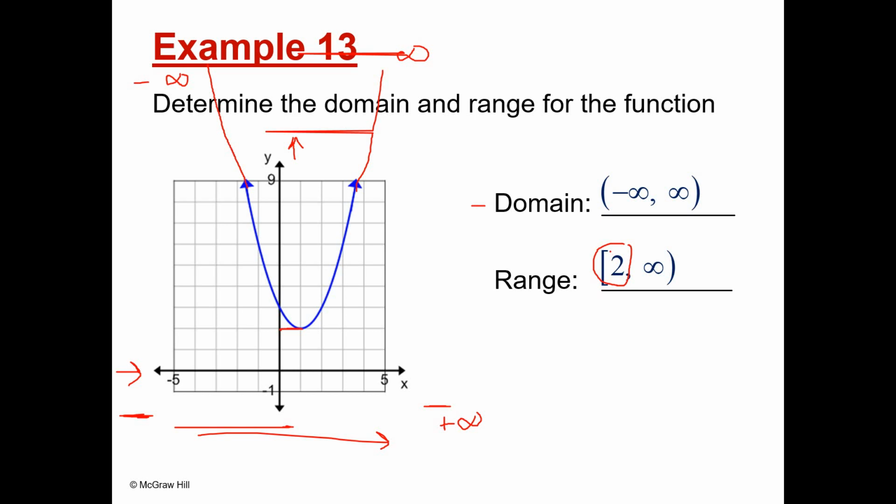To indicate this, you use a square bracket. So there's a difference between using a parenthesis and a square bracket. A square bracket means that this point is included in the range or in the domain. If you use parentheses, this means that this number is excluded from the domain and from the range.